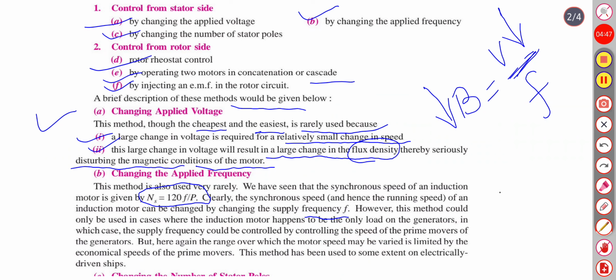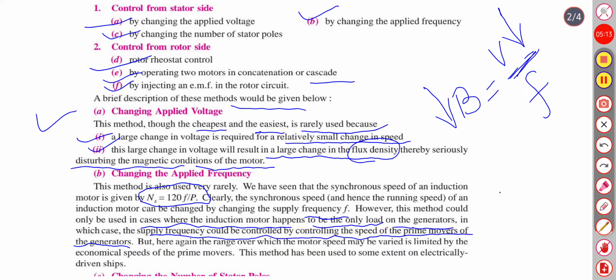This method could be used where the induction motor happens to be the only load on the generators, in which case the supply frequency could be controlled by controlling the speed of the prime movers of the generators.